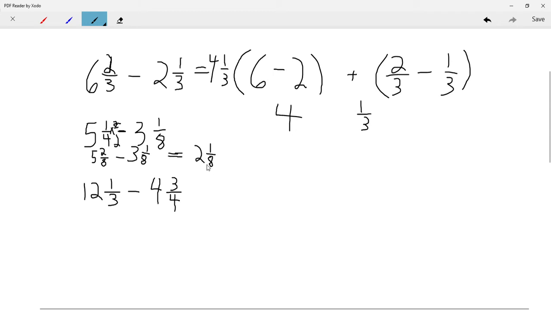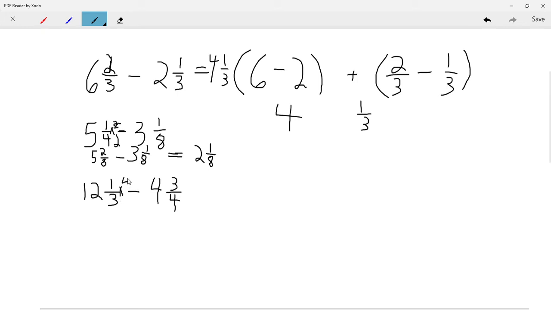So this is just going to equal 2 1/8. Now this is where it starts to get a little tricky, and I'll show you why. We have 12 1/3 minus 4 3/4. First of all, we need to find the common denominator for 1/3 and 3/4. The least common multiple of 3 and 4 is actually 3 times 4, which is 12.